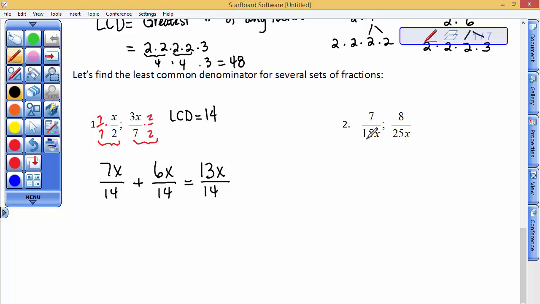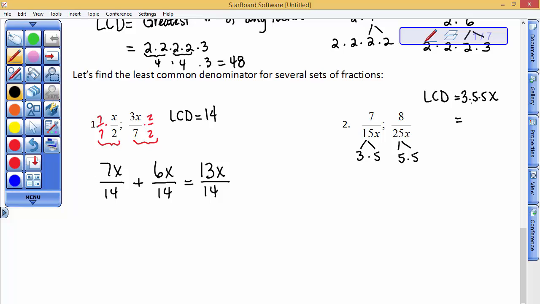So the least common denominator for this one is going to have an x in it, because there's just a single x in each of those. That's the greatest number of times. You can either go 3 times 5 here, and 5 times 5 here. And you can see then that the least common denominator is going to have a 3 in it, and it's going to have 2 5s.